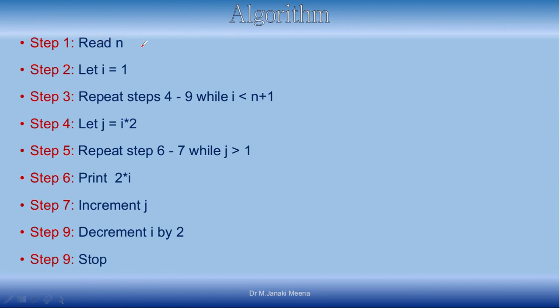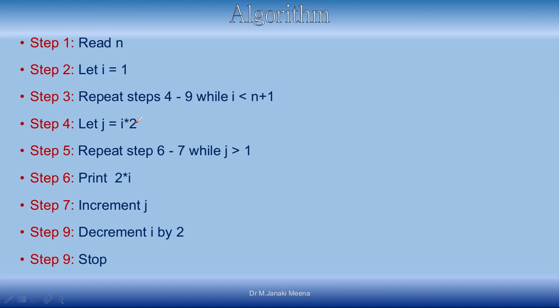So you are going to read the value of n, and start with i equal to 1, and repeat steps 4 to 9. In the step, I am going to find j equal to twice i, because in the ith row there are going to be values which are multiples of 2, and that starts from i into 2.